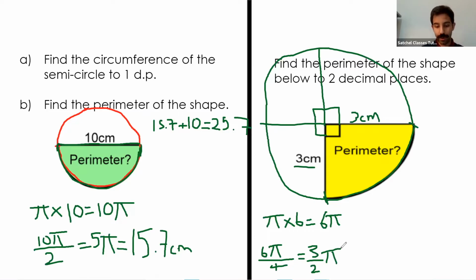And if we type 3 divided by 2 times pi into our calculators, it's going to give us 4.71 centimeters.